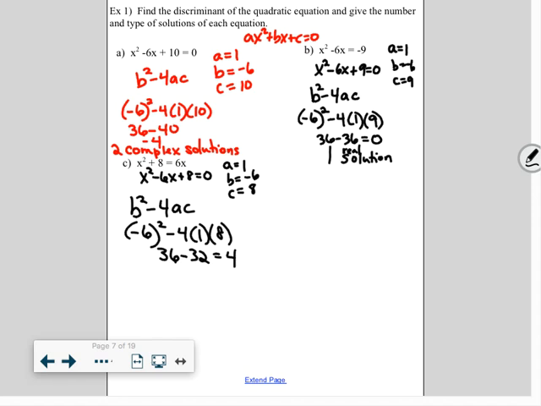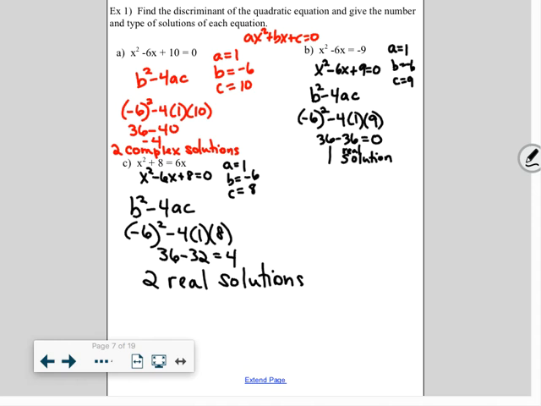B was equal to 0, so it was 1 repeated real solution. And C is positive, so it's 2 real solutions. That first one just tells you, if you get a discriminant of 4, which is a perfect square number, it could have been factored. That's what it tells you.